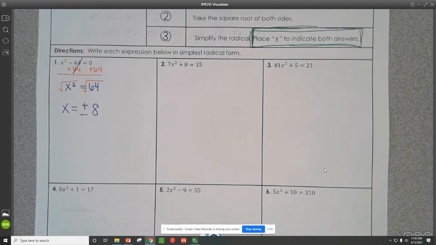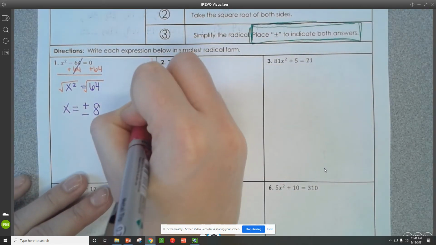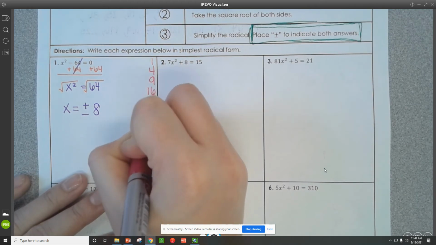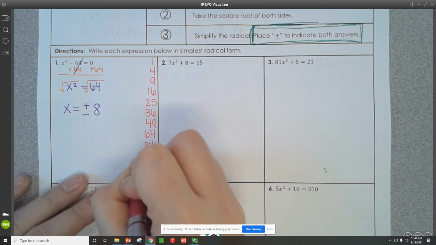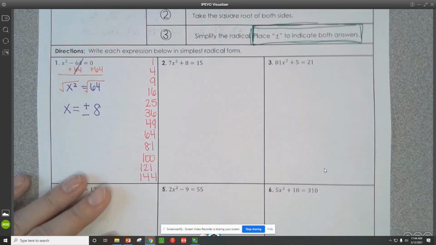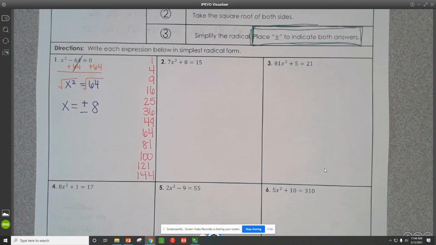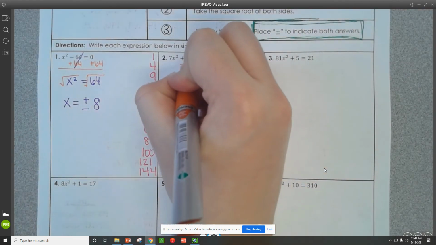And just to help you out a little bit, I'm going to write that list of those perfect squares. That'll help you out. All right, so number 2, if this was just a regular equation, we would subtract 8 from both sides.